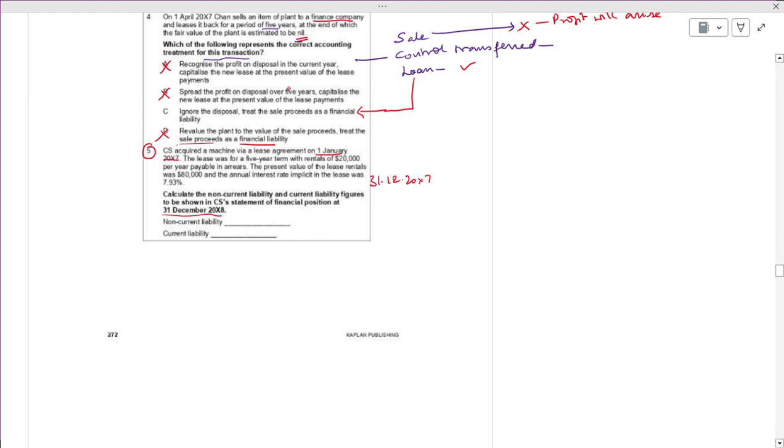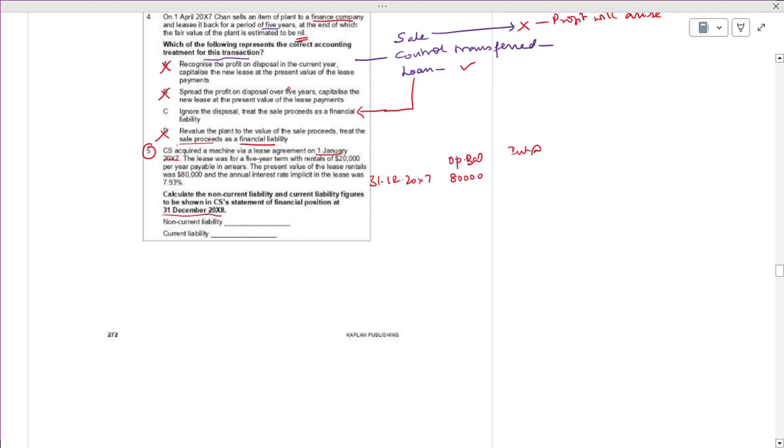31/12/2007 opening balance. How much is the opening balance? Present value is 80,000. They are paying in arrears, so you have to calculate interest first.